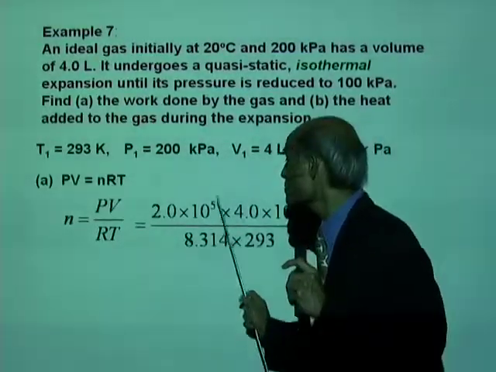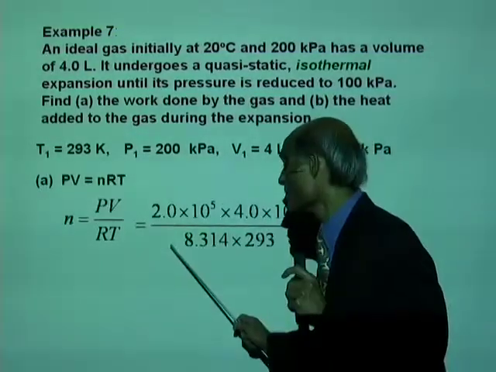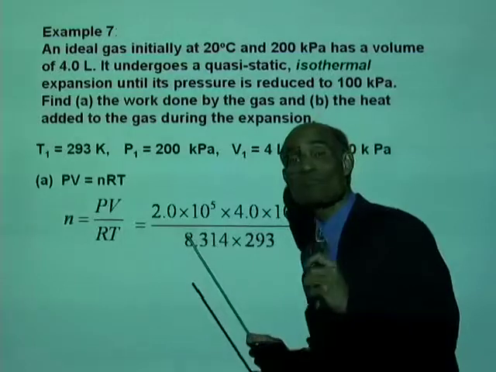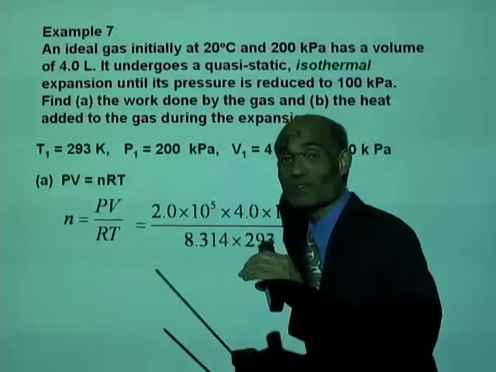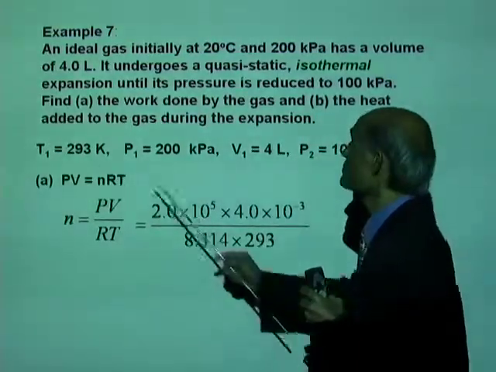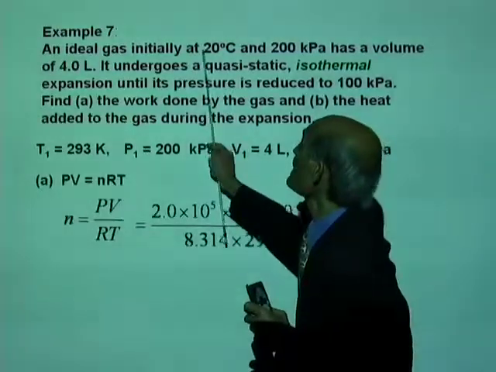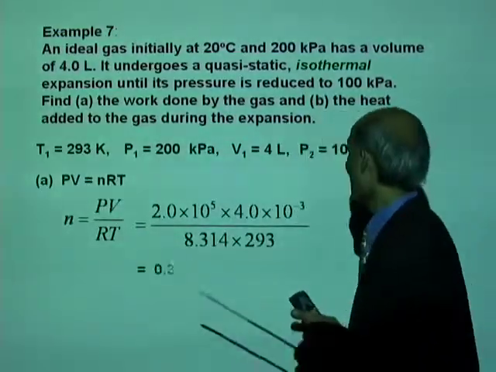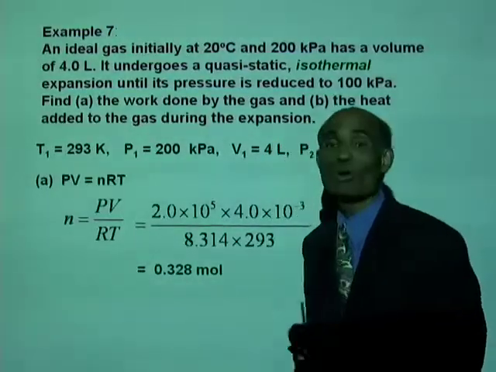Remember, when you use pressure in Pascal and volume in meter cube, the value of R is 8.314 joules per mole per Kelvin. And the temperature is 293 Kelvin. Very, very important to convert that Celsius to Kelvin there. And that gives me 0.328 moles of gas.